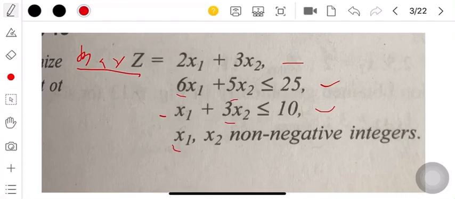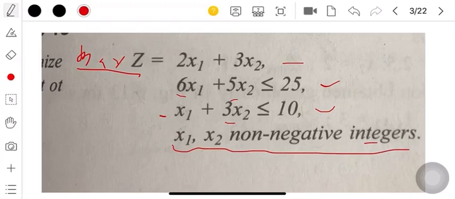It is said in the problem that x1 and x2 are non-negative integers. In your exam it will be asked, so don't get confused: it is clearly mentioned that x1 and x2 are integers, meaning they cannot take a real value, they can take only integer values. So how to proceed with this?